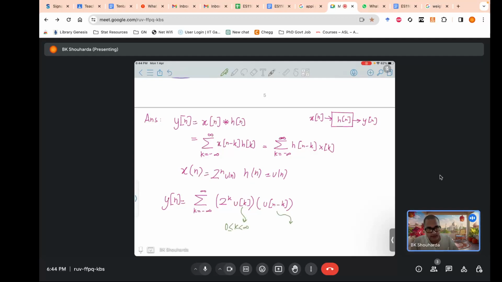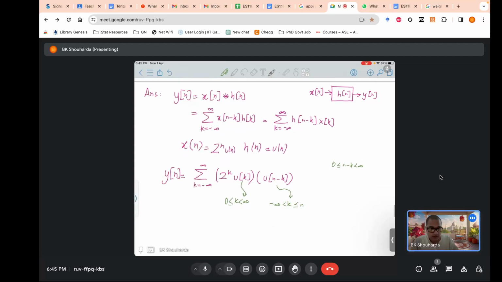The impulse response is non-zero when 0 lies between n minus k to infinity, or k lies between minus infinity to n. Both of these conditions have to be satisfied.